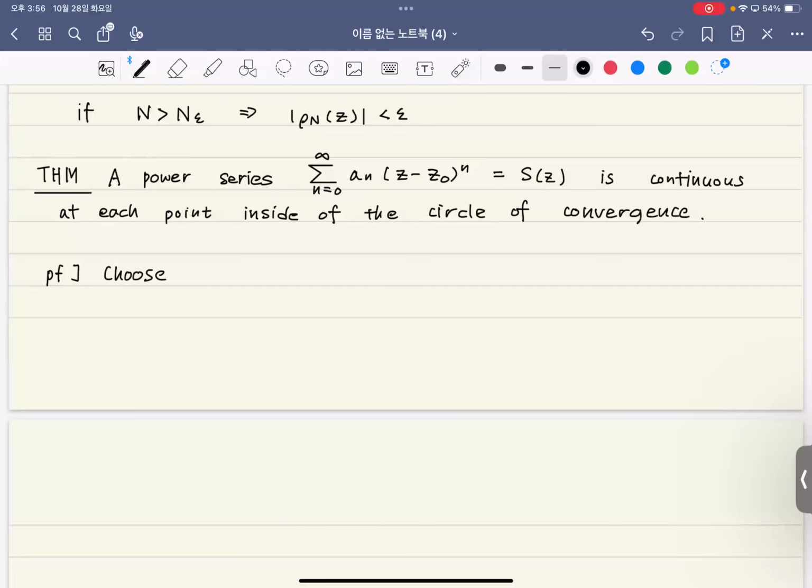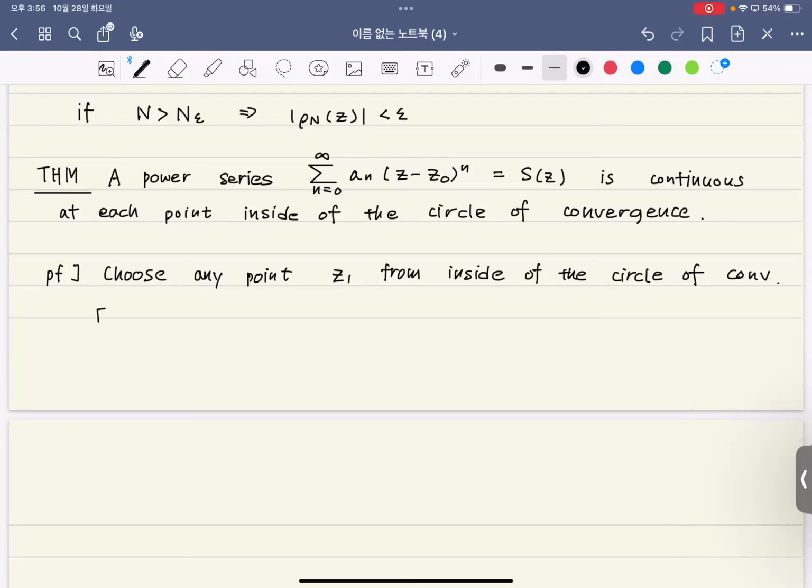First, we choose any point z1 from inside of the circle of convergence. I want to claim that this function S of z is continuous at this point z1.